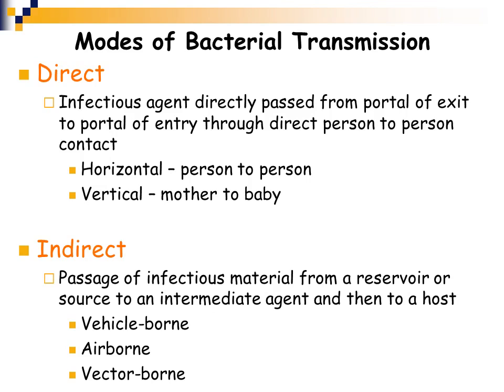Indirect transmission is when you get an infection from either an intermediate agent or from a reservoir. Indirect transmission can be from a vector such as a mosquito. It can be vehicle-borne or fomite, where you touch a doorknob and there happens to be some organism on the doorknob, and then you get an infection. Those are the main differences between direct and indirect transmission.